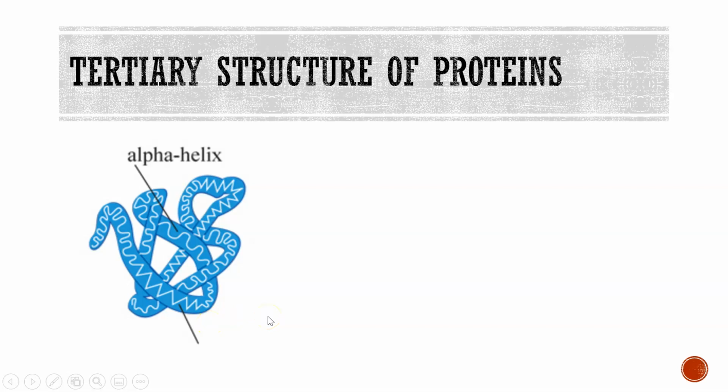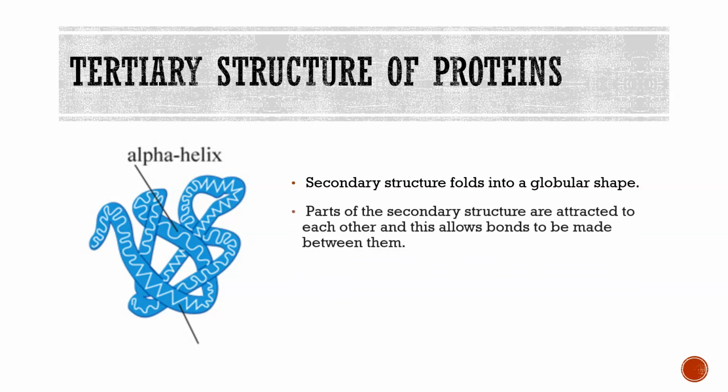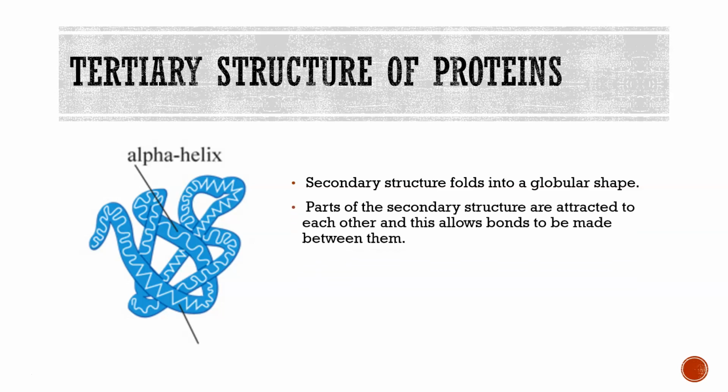Tertiary structure of proteins. All right, so we've got the secondary structure, and after the secondary structure, we now fold into what we call this globular shape. Parts of the secondary structure are attracted then to other areas. So those weak hydrogen bonds have made that secondary structure.